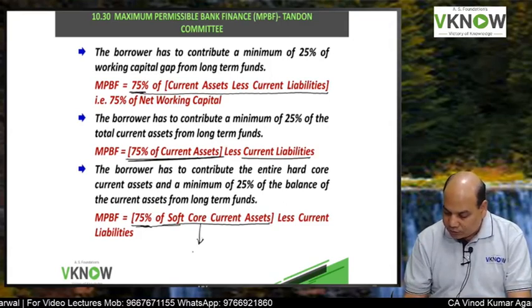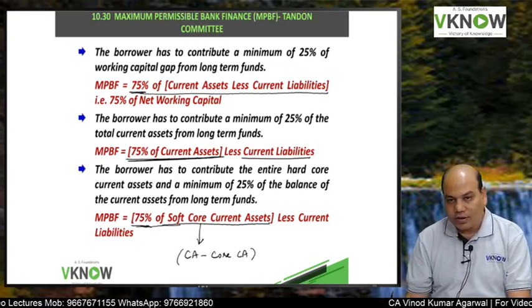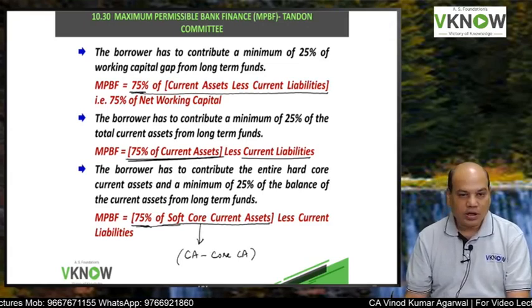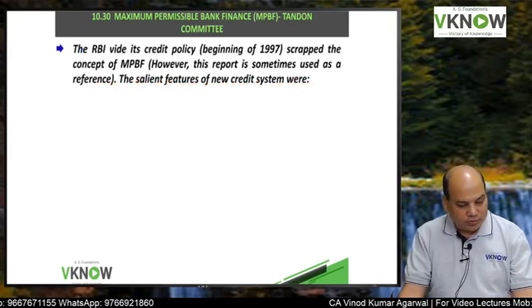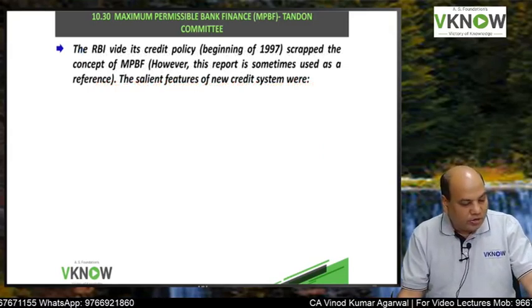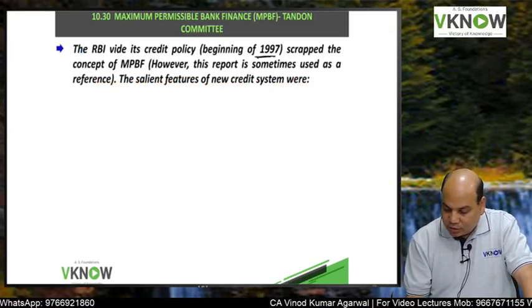Soft core current asset means current asset minus core current asset. Is it right? Don't worry, very easy. And as mentioned above, again they are repeating, in 1997 the concept of MPBF was scrapped.